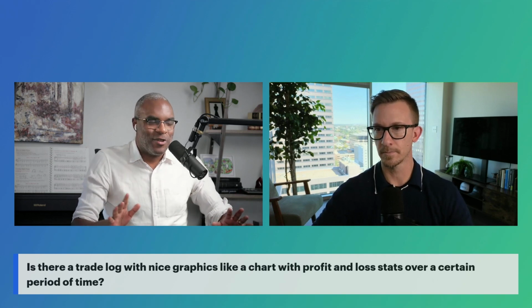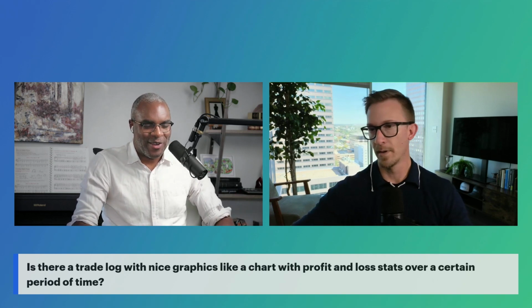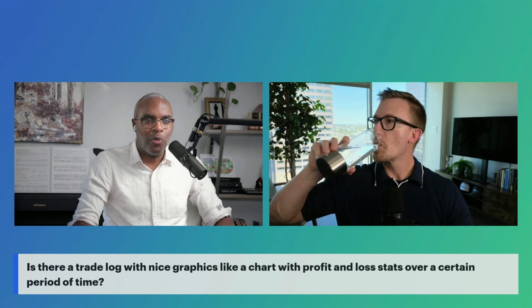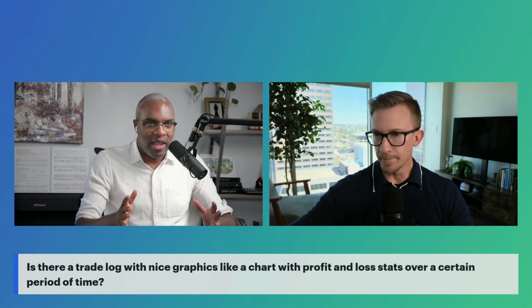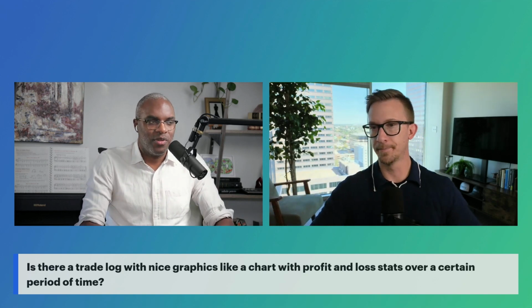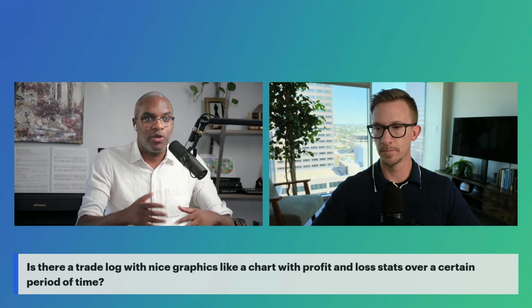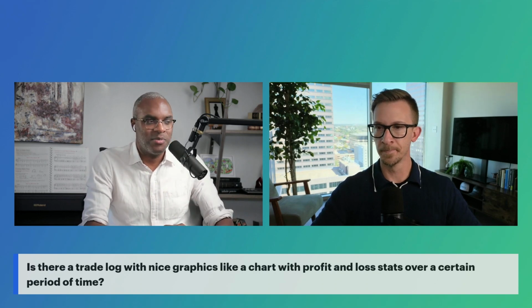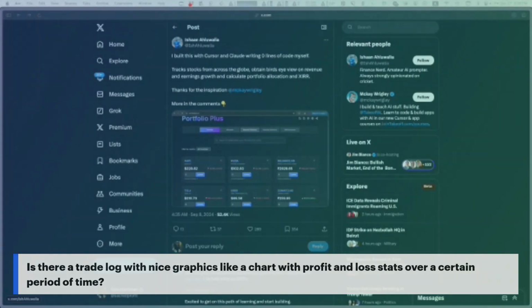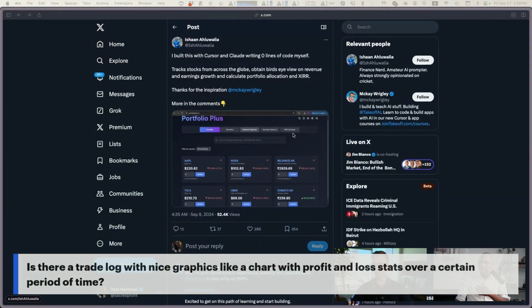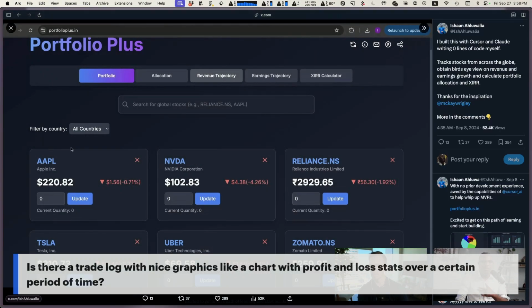I don't know if you're seeing all these posts on Twitter or on Reddit, but I was actually blown away by Cursor AI, which is this development tool that people are using to create apps and interfaces for themselves. And one of the things people are doing is creating tools to surface information within their portfolio or their trading styles or what have you.